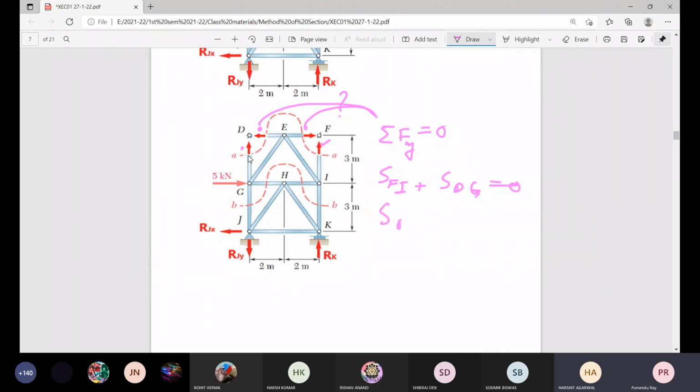So Sdg is equal to minus Sfi. Now if you determined this Sfi as compressive, then Sdg will come as tensile and vice versa.